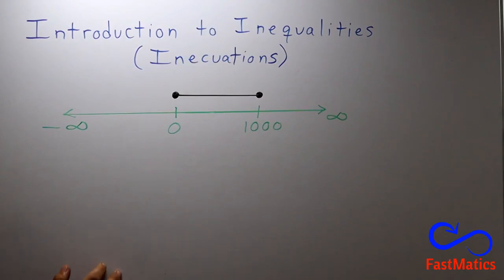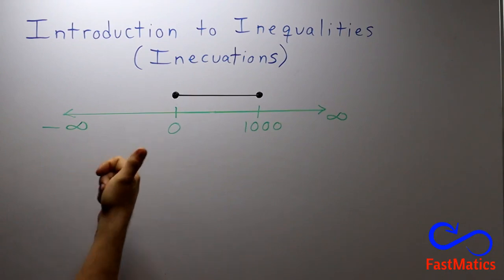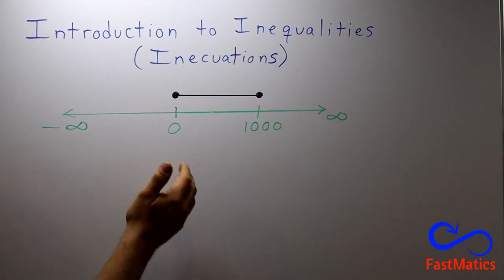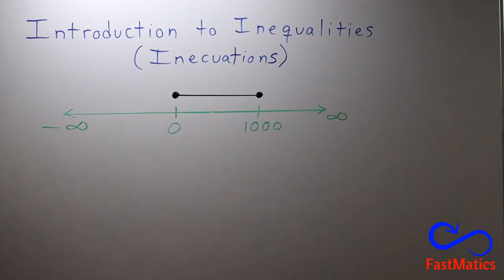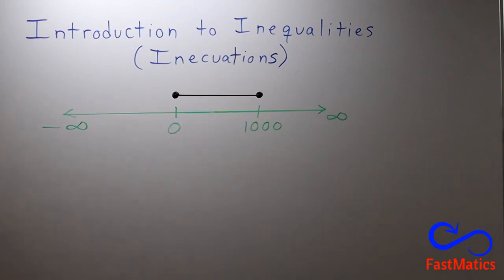Another example, imagine that you can spend no more than 1,000. That means you can spend 0, you can spend 1 dime, you can spend 1, you can spend 999, you can spend 999 with 99 cents, but 1,000 is the maximum, no more than 1,000.